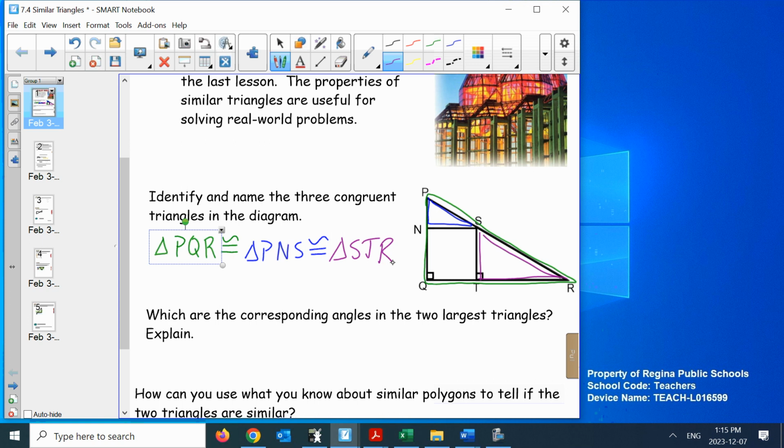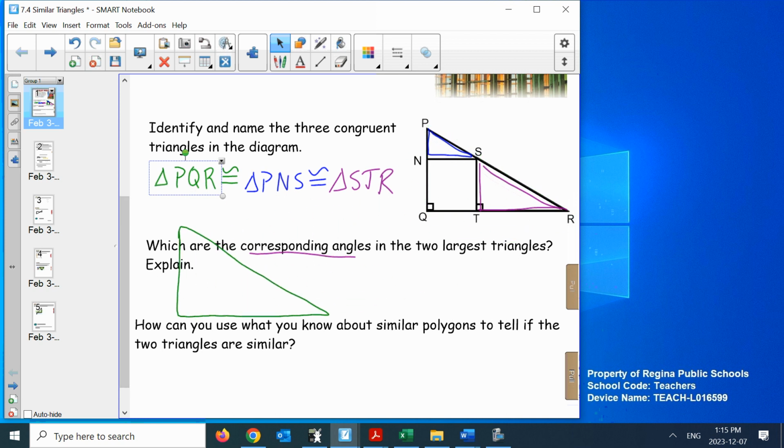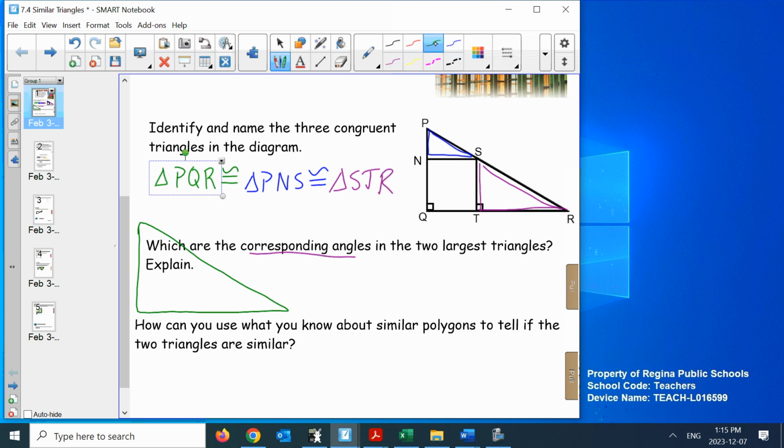What are the corresponding angles in the two largest? Explain. I'm going to just get the two largest. Here are my rough diagrams. I'm going to just put it over top: P, Q, R, and then S, T, R. I'm going to put that inside here just so that I have it to reference.